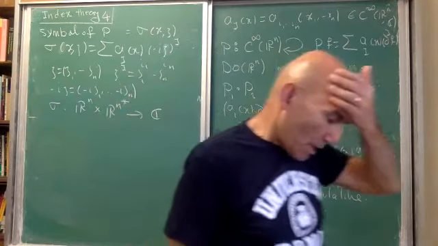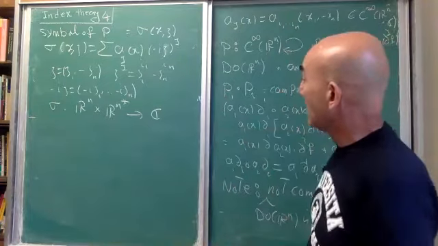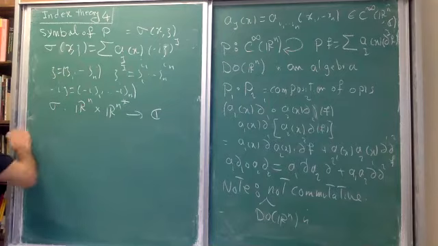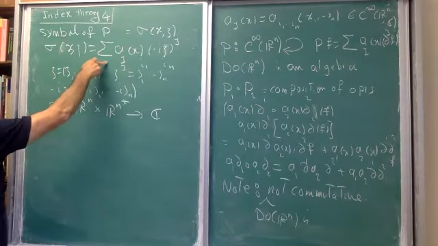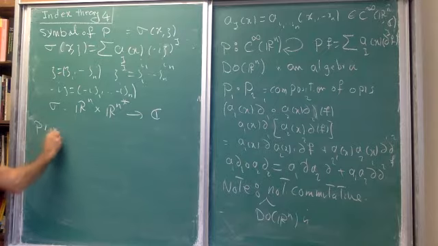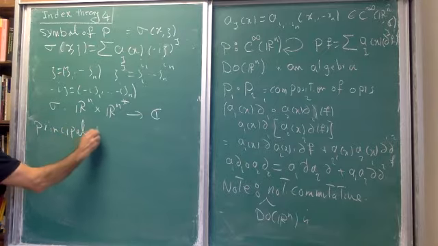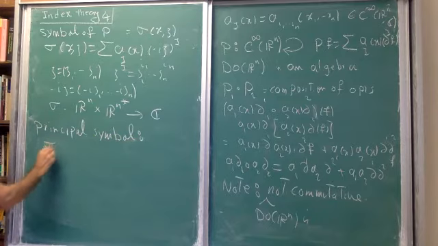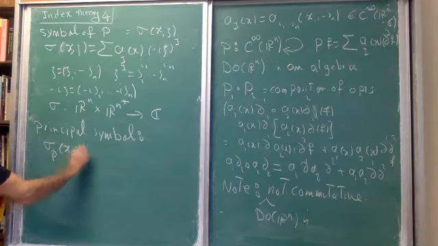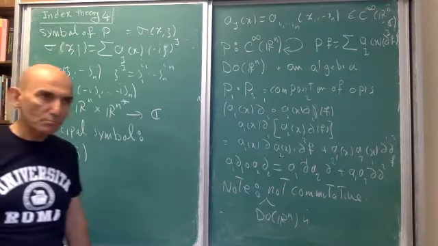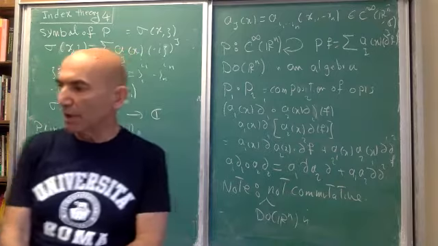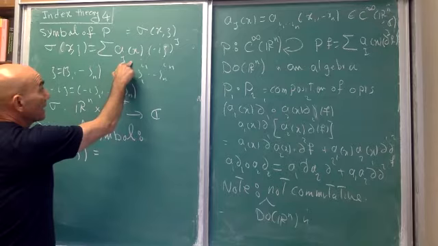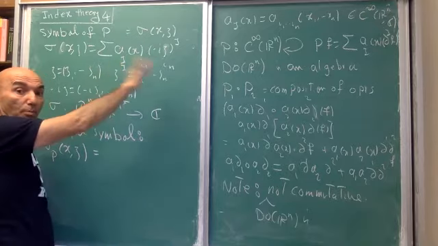Now this symbol, the way it is, is useless for us. For some people it's not. But what is really important for us is the principal symbol. I denote this by sigma_P(x, xi). The principal symbol is where you just take the top degree terms and drop the rest.